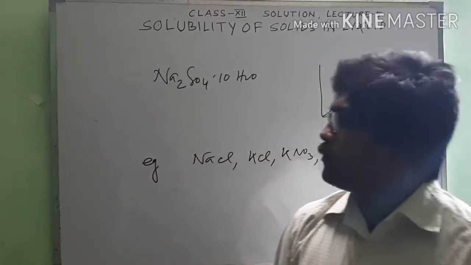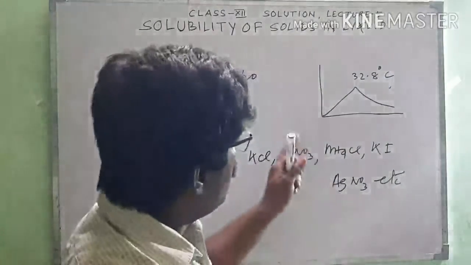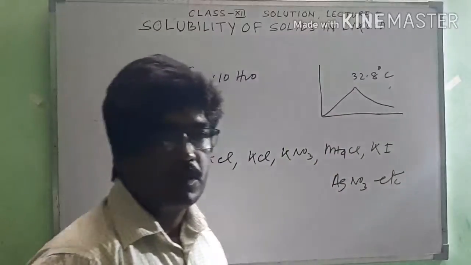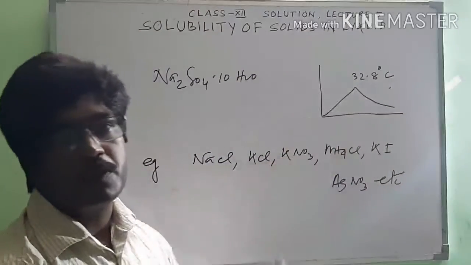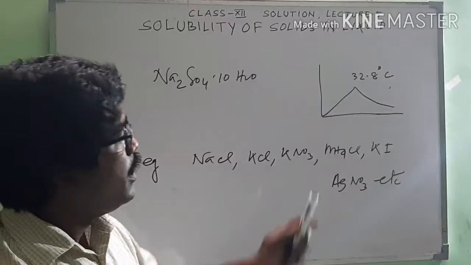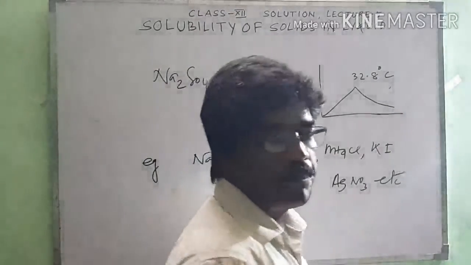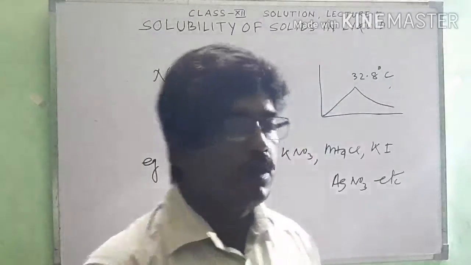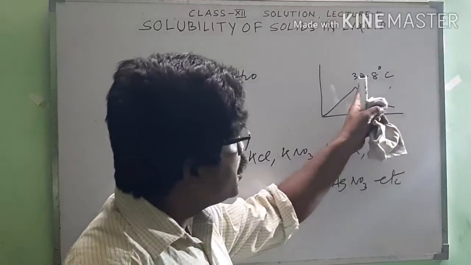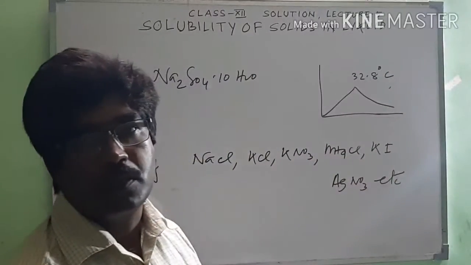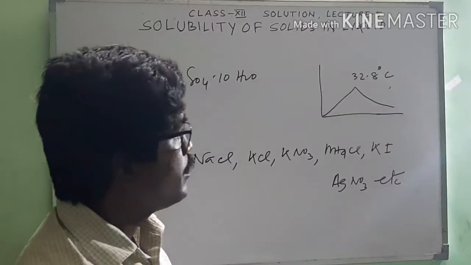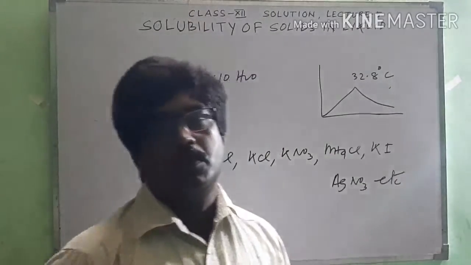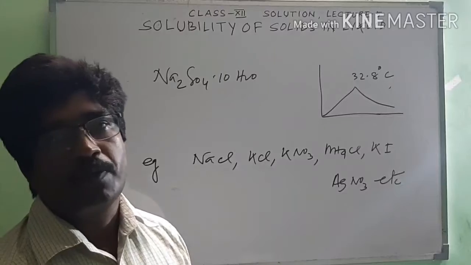In this case first solubility increases, that is this process is endothermic, and at a particular temperature there is an equilibrium between the two processes, and after 32.8 degrees centigrade the solubility decreases because this process is exothermic.